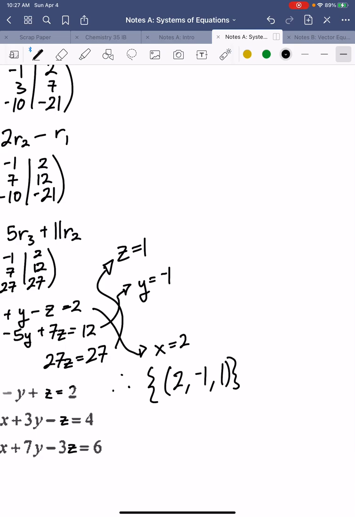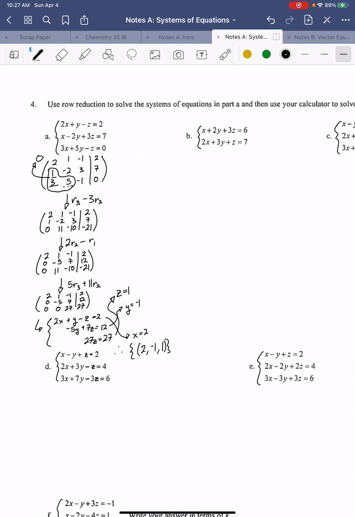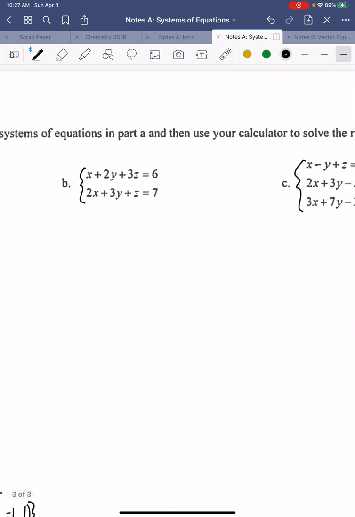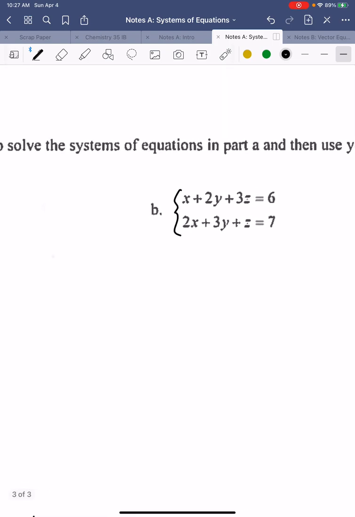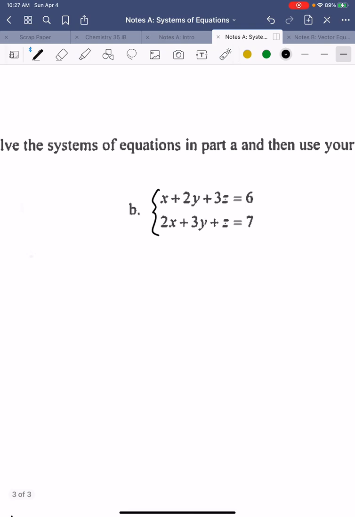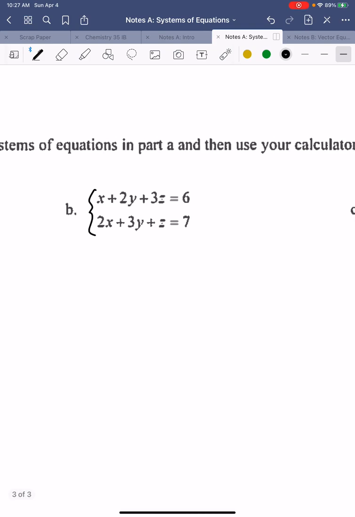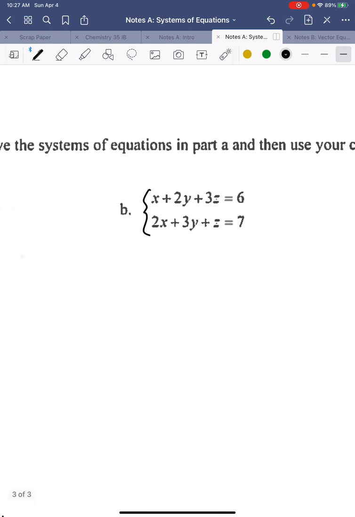So now we're going to use our calculator to do the rest because this is really annoying and takes a lot of time. So from here, we're just going to use our RREF. As you can tell, this one has 2 equations and 4 columns. So our matrix would look like this: 1, 2, 2, 3, 3, 1, 6, 7.